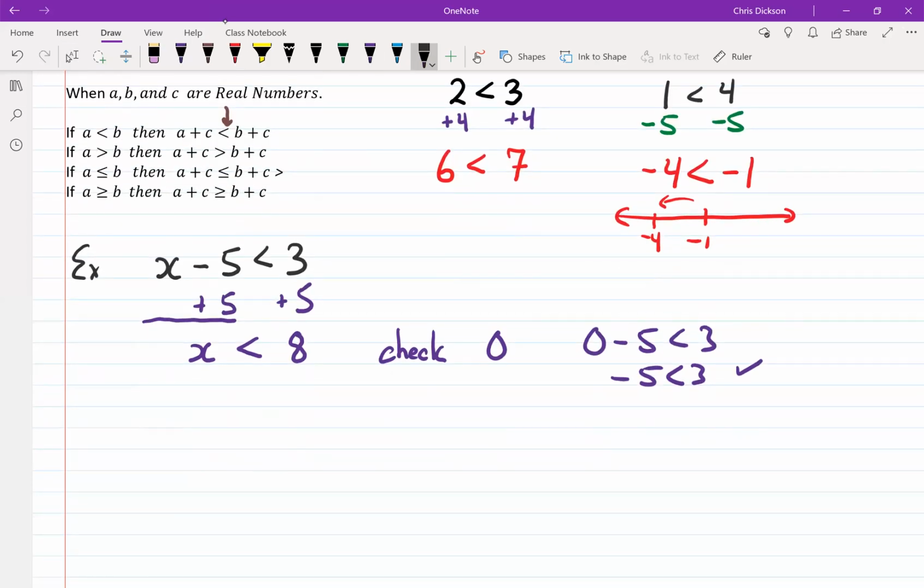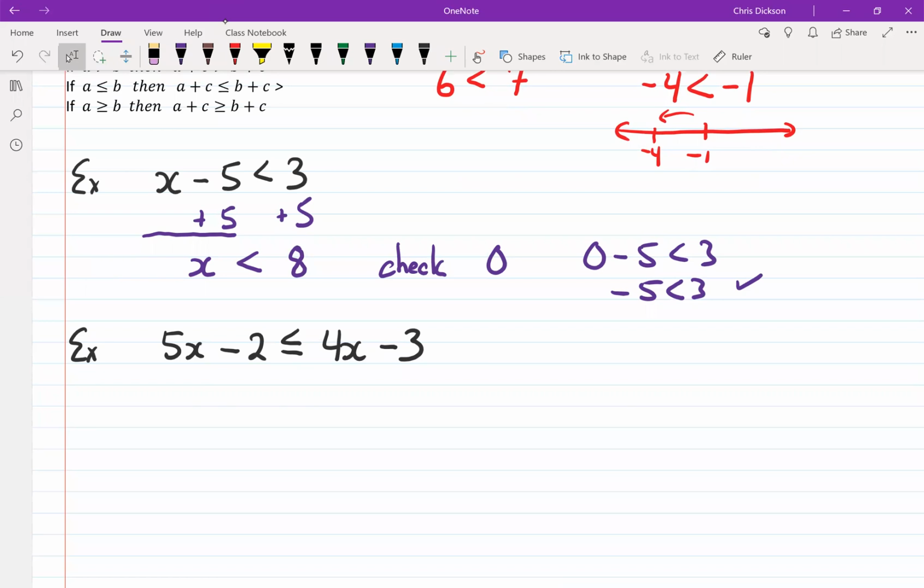Okay, so let's try a different example. Let's say we had a bit more stuff here. Let's say you had 5x minus 2 is less than or equal to 4x minus 3. Let's mix all the numbers up here. So the first thing I would want to do is group my like terms together.